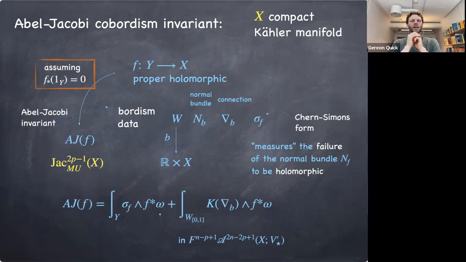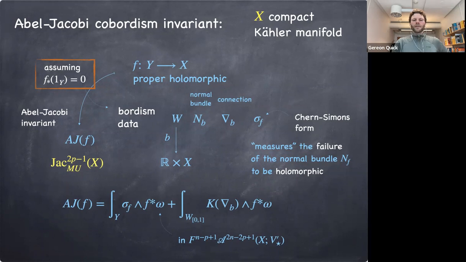Okay, and then we can define and construct this Abel-Jacobi invariant, very similar to the very beginning where we evaluated some integral. So here we take a form omega in a certain step of the Hodge filtration.